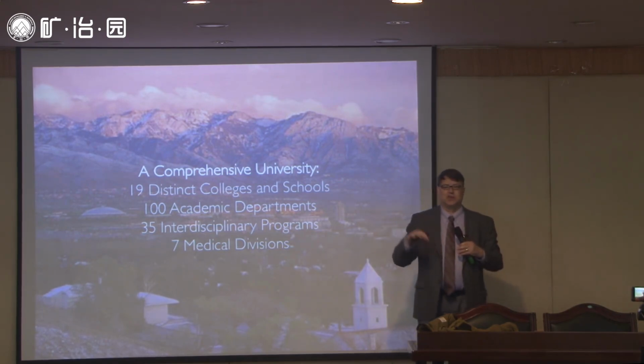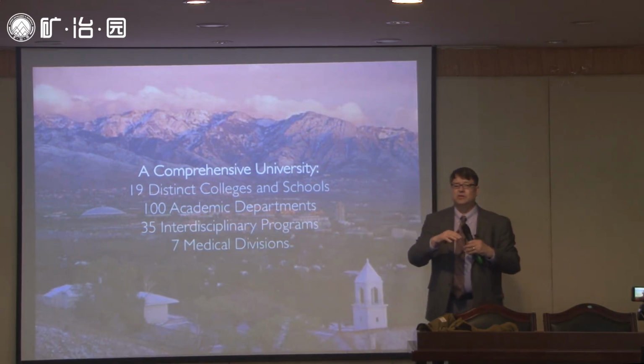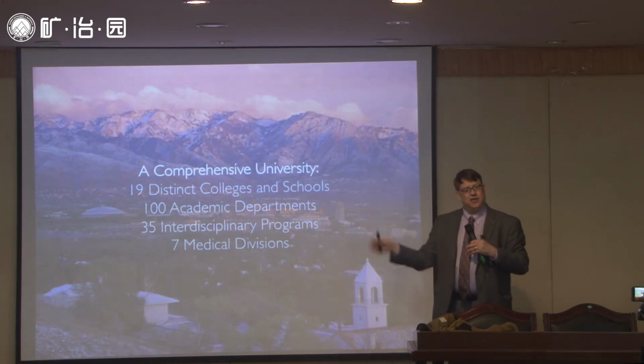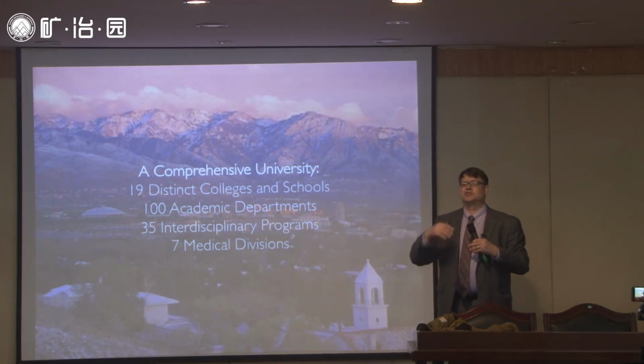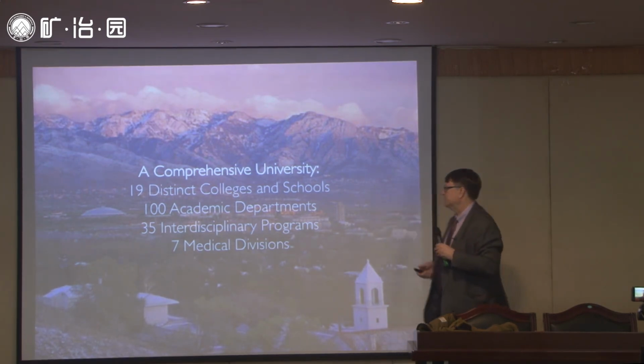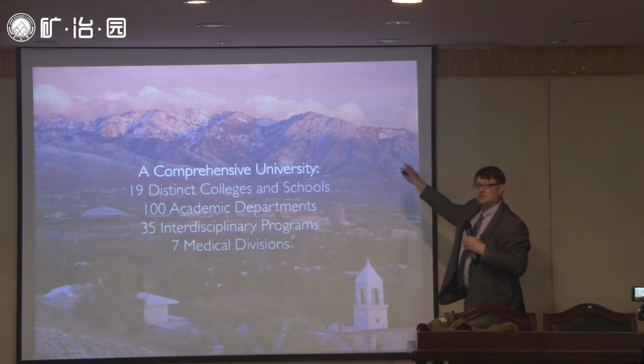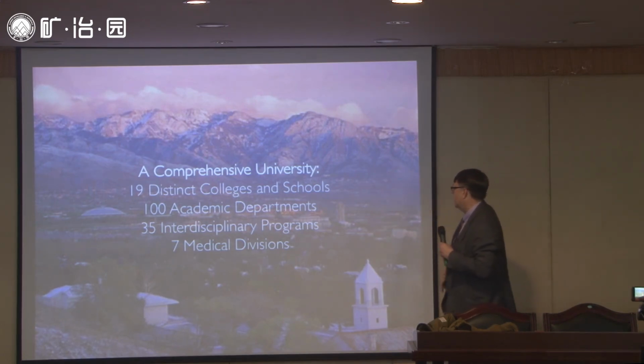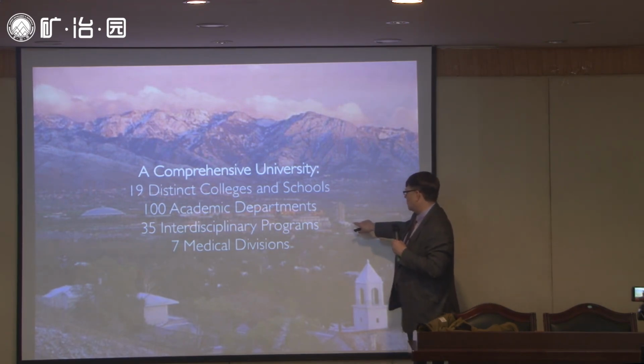Just like this university, we have a medical side of what we do, and we have the other side of what we do. We're a technical university, a liberal arts university, but also a medical university. And this is Salt Lake City, a portion of Salt Lake City. My house is right about here.